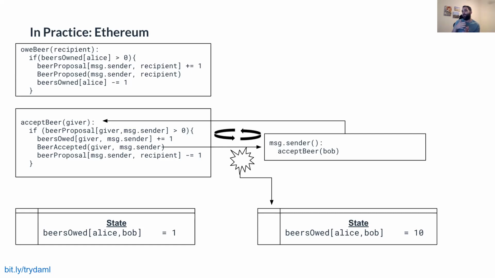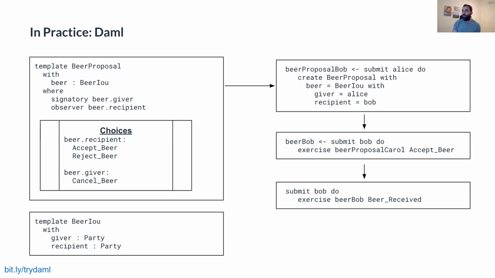But in the meantime, Bob has basically escaped with Alice owing him 10 beers and having obligations to him that she had never intended. And that was all because 2 lines in our pseudocode here were out of order. There are a couple of things in the pseudocode, by the way, that I skipped over to simplify it for the slide, but let's just imagine that everything is there and it's executing truly.